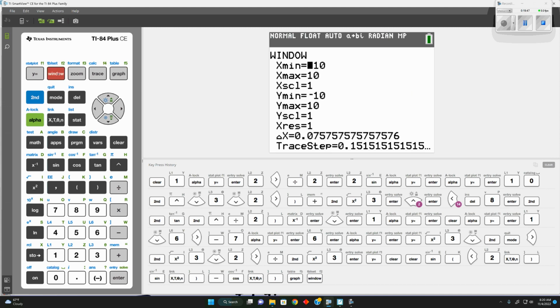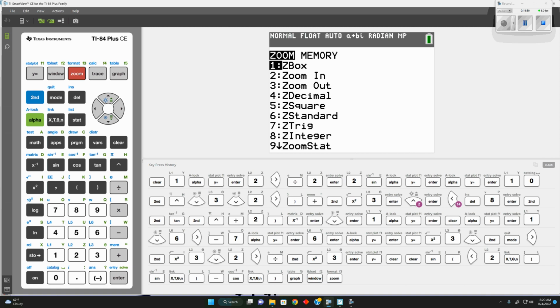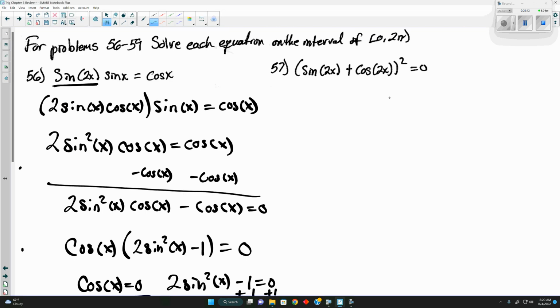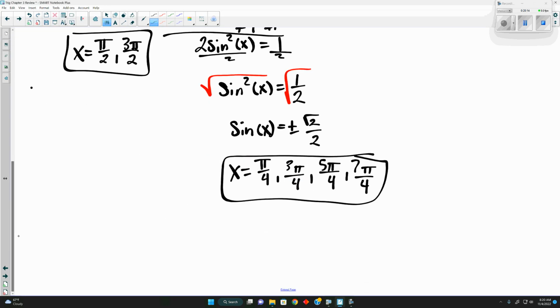Well, let's make the window zoom 7. Well, we can see that it does cross 1, 2, 3, 4, 5, 6, 7 times possibly. Second trace value of 2 pi. So we see 1, 2, 3, 4, 5, 6 different spots. But it does cross between 0 and 2 pi, 1, 2, 3, 4, 5, 6.